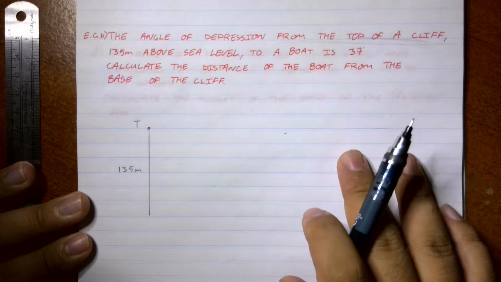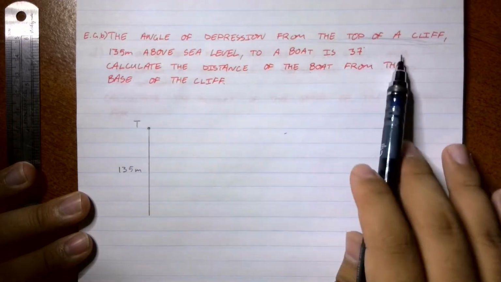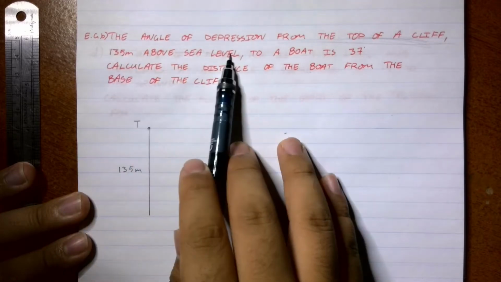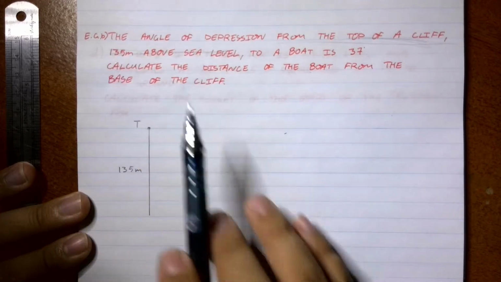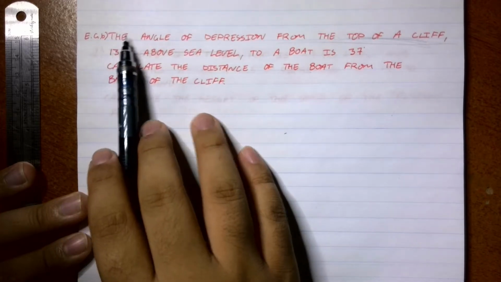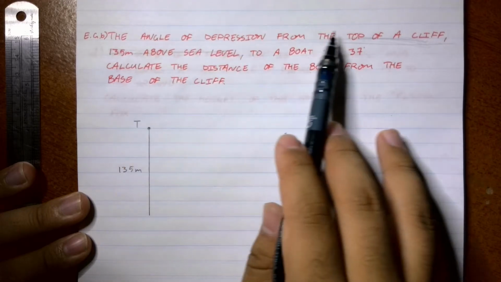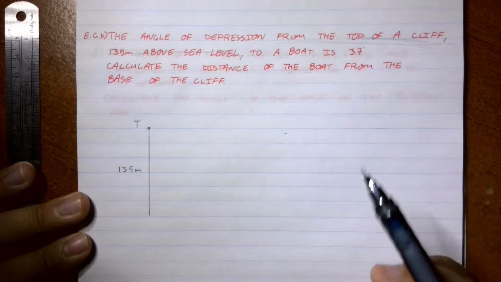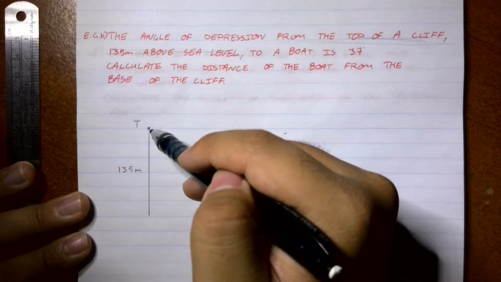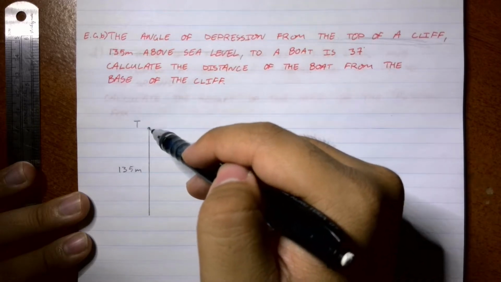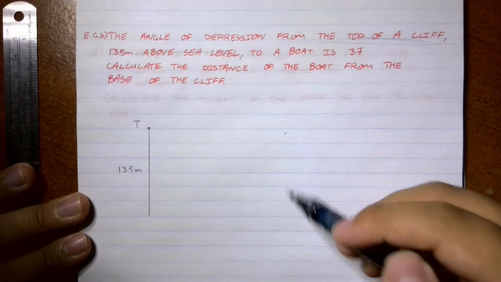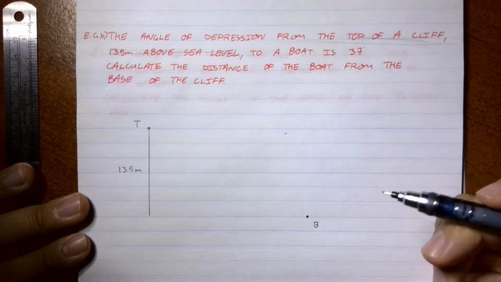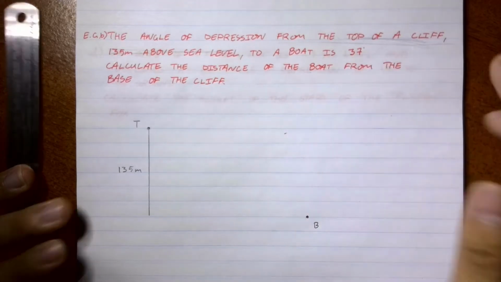And once we have this information, we can ignore what we've already used. So the angle of depression from the top of a cliff to a boat is 37 degrees. So from the top of a cliff to a boat, he's looking downwards. So there's a boat here. Put B for boat, is 37 degrees.